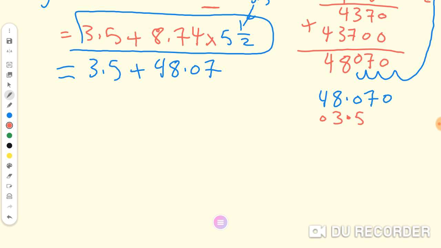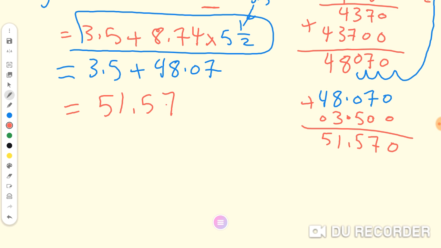The rest is 0, 0, 0. Add 0, 7, 5 point 8 plus 3, 11, plus 1 is 51.57 US dollars. Okay, this is how to calculate the total.